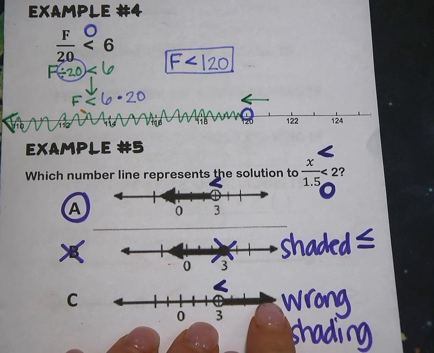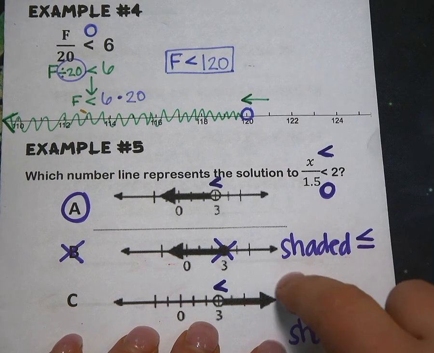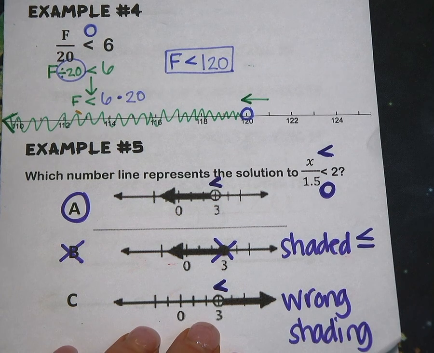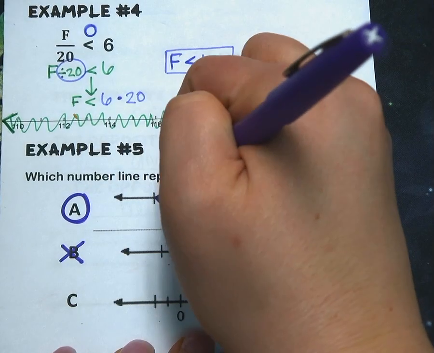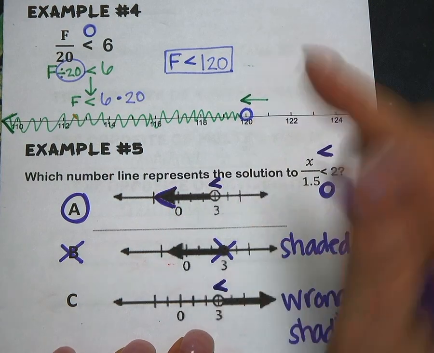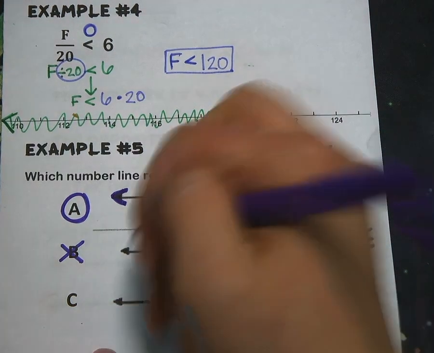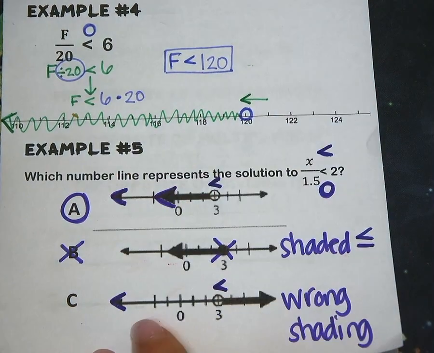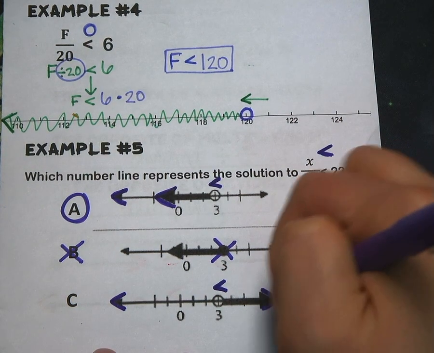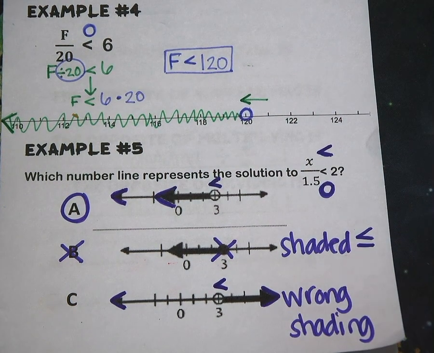This one is shaded to the left, and this one's shaded to the left. And again, you could match the symbol with the end of that arrow or even the end of this arrow. They all match, whereas this one matches over here, but we can see clearly that it does not match this way. And that's how we solve if we know our inequality symbols.